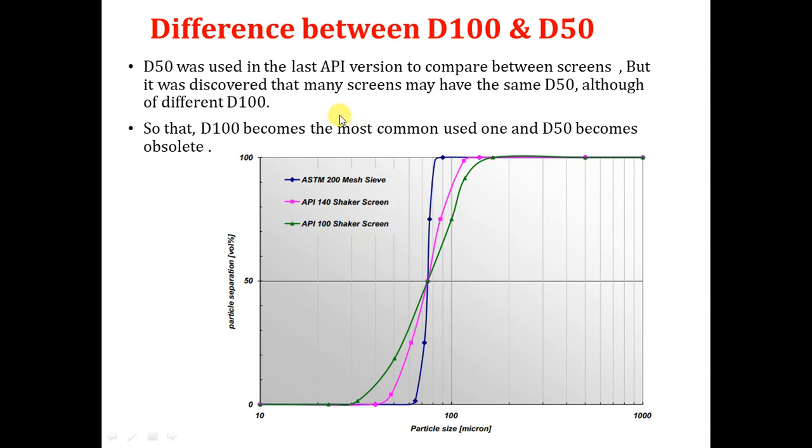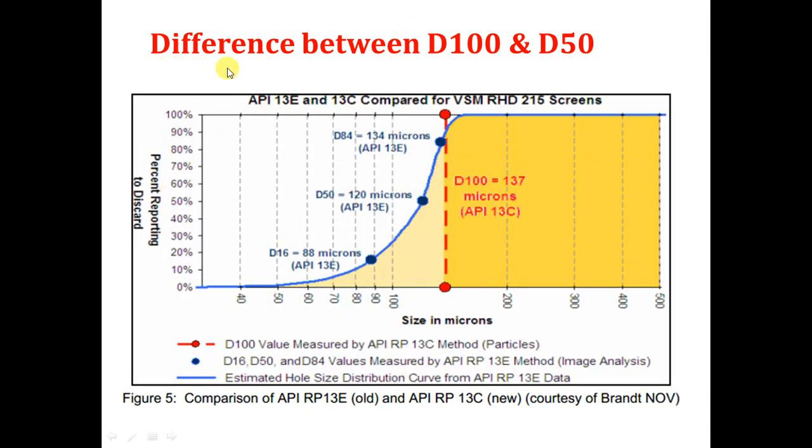But in the new update of the API, Recommended Practice 13C, the only one used is the D100. It is the most commonly used, and the D50 becomes obsolete. Before, in the previous recommended practice, we were using the D50 and, for example, D84 and D16.